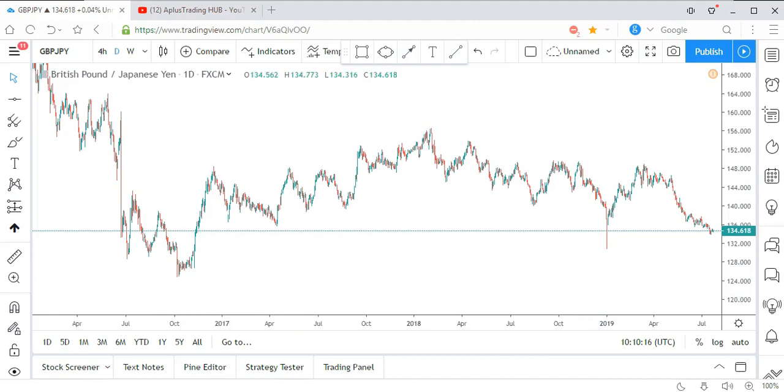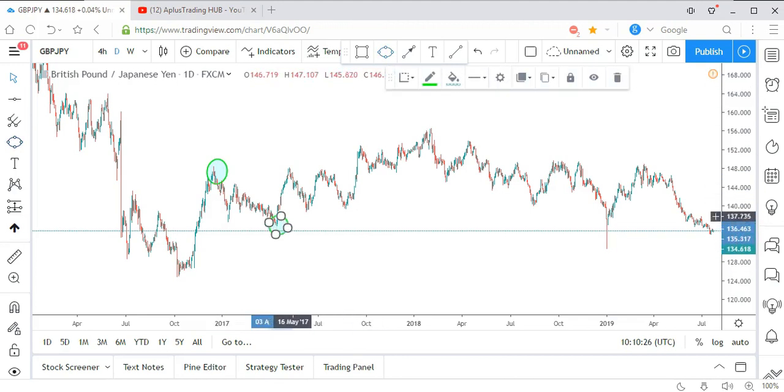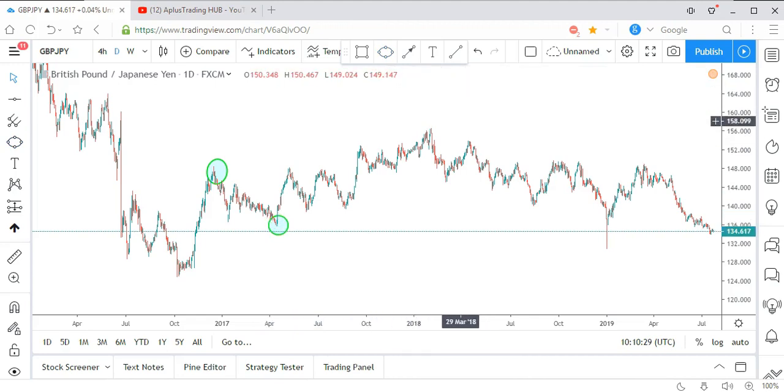So like on this chart now, here is a higher high and here is a higher low. So to identify an uptrend, you need to see a series of higher highs and higher lows. Then to identify a downtrend, you need to see a series of lower highs and lower lows.